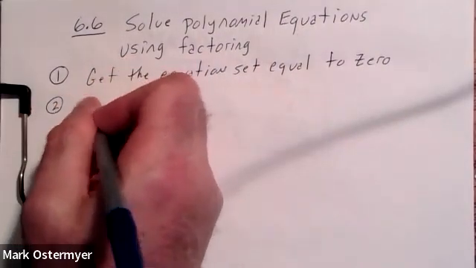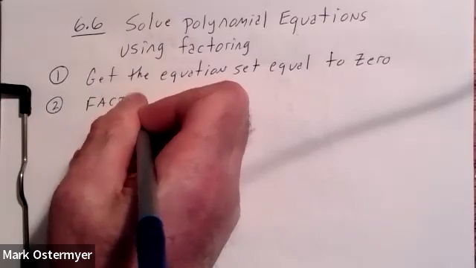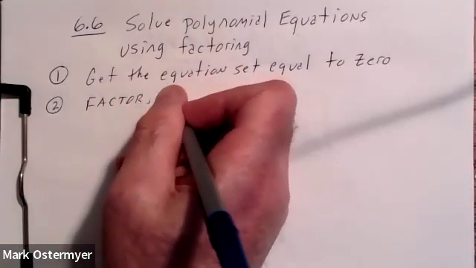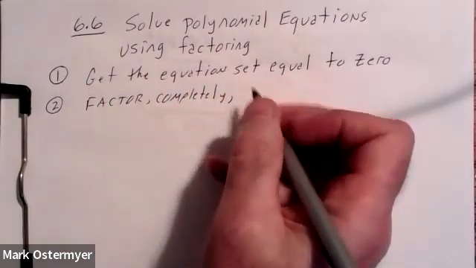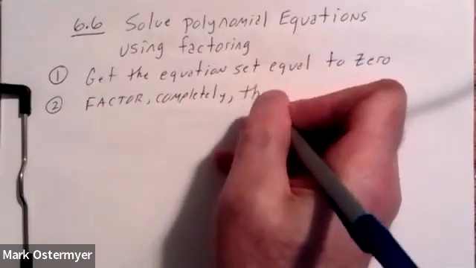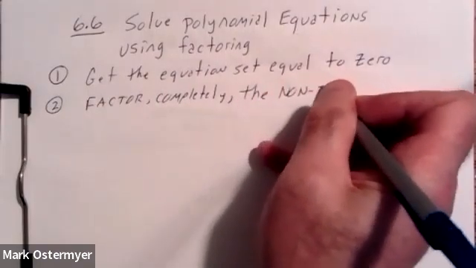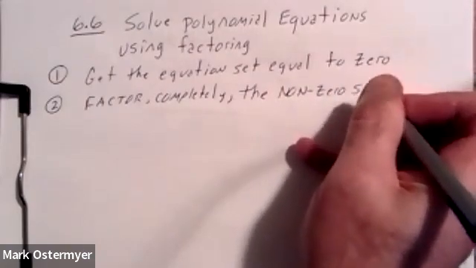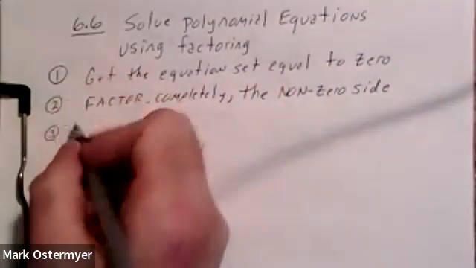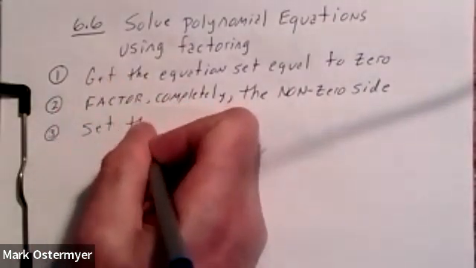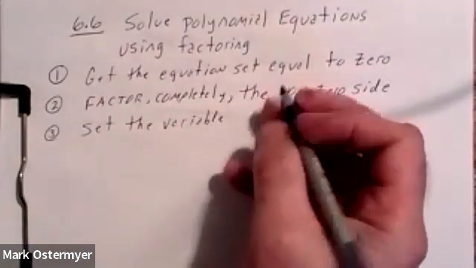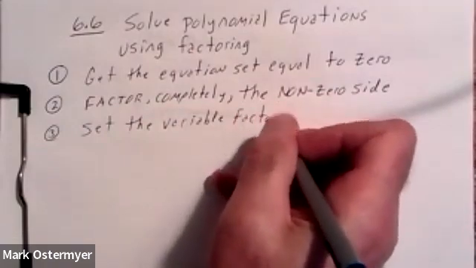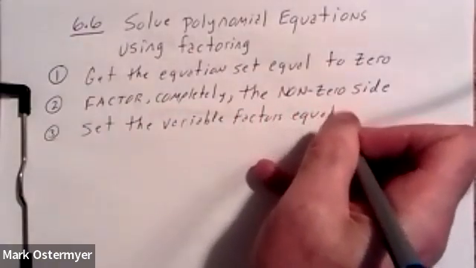Step number 2, we want to then factor completely the non-zero side. Step number 3, we then want to set the variable factors equal to 0.